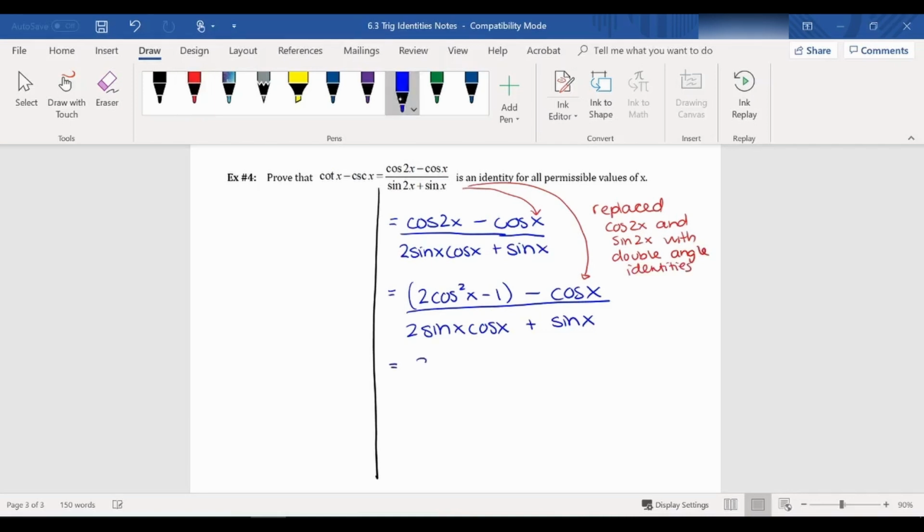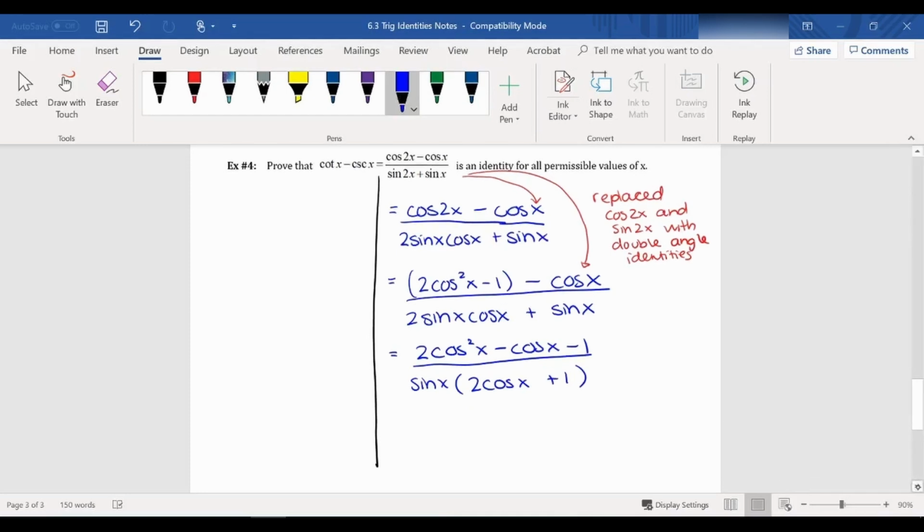Now on the top, I'm going to rearrange this. On the bottom, I'm going to factor out a sine x. Now on the top, we're going to want to factor this as well.